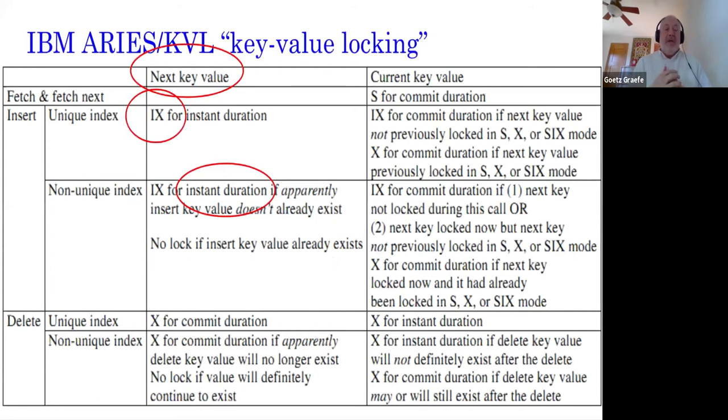So IBM key value locking was shown in the top row in this diagram a minute ago. All I needed to get from this table, which was copied from the published paper about ARIES key value locking, is that it is darn complicated. And it does funny things like if you insert something, it actually locks the next key, not the key you're inserting, but the next key.